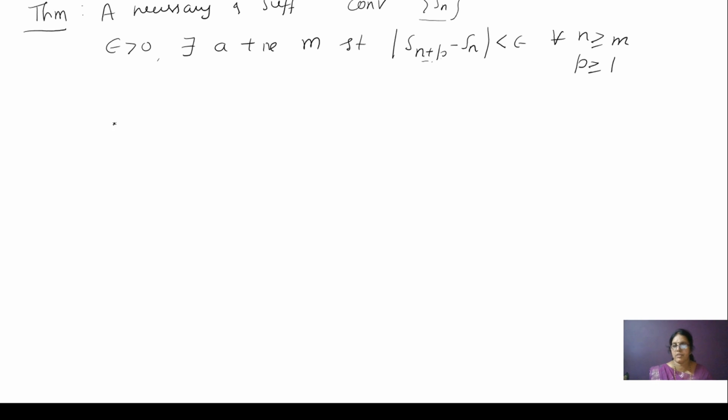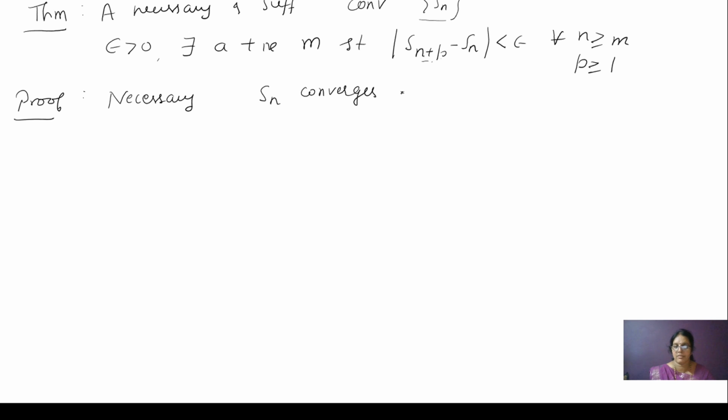So here first we prove this theorem. Now first we assume that Sn converges to L, that is, we show that the condition is necessary.